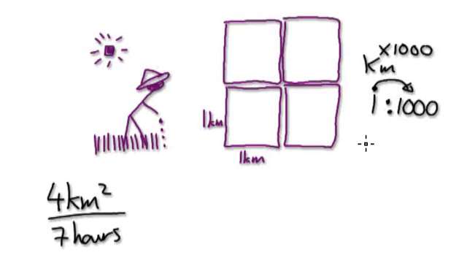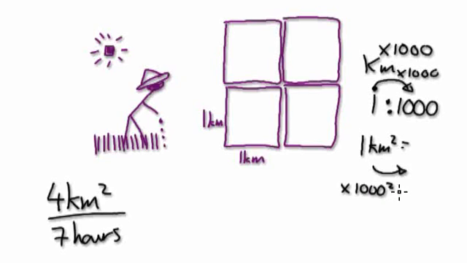Now, if we're looking at an area, 1 kilometer squared equals, well, here the factor is you're timesing by 1000. So now you've got to times by a factor of 1000 squared. So it's going to be quite a big number, because you're talking about an area.